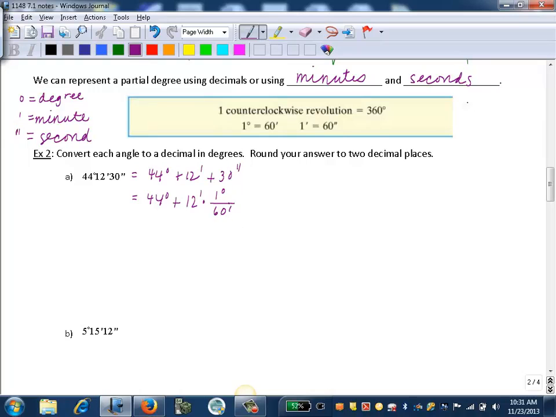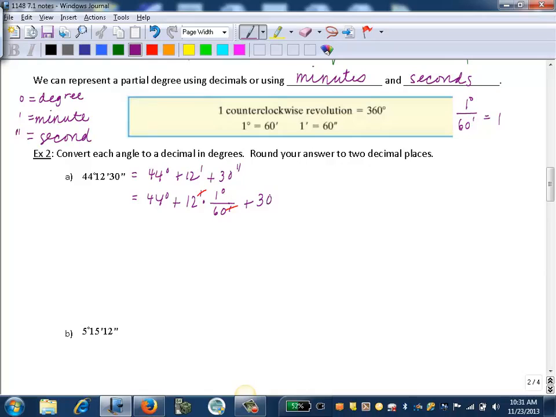And we can even write that up here. So 1 degree over 60 minutes, that's just the same as multiplying by 1. So we're allowed to do that here to convert. And the reason we want to do that is now that our units, our minutes, will divide out, and we'll be left with 12/60 degrees.